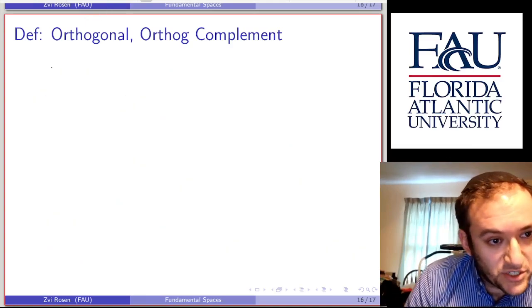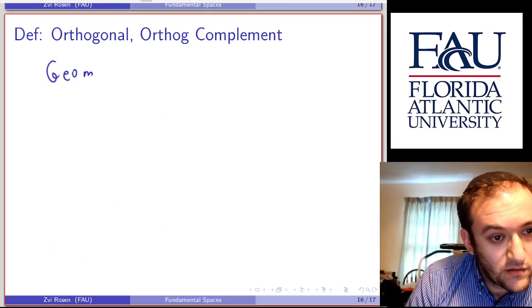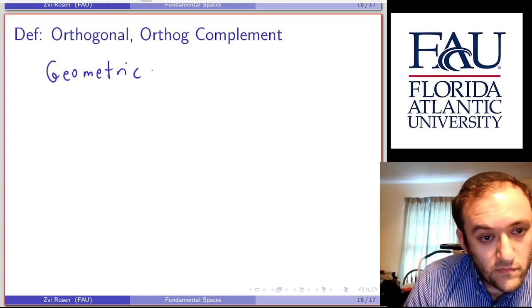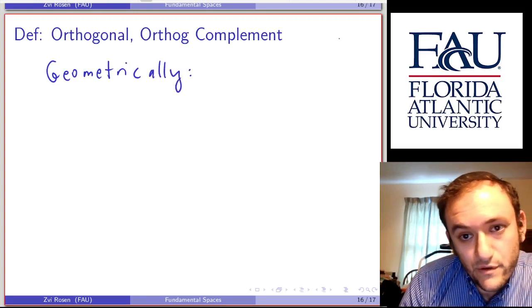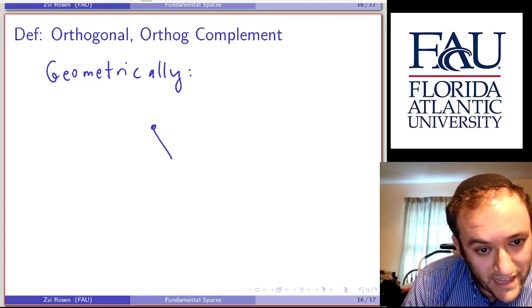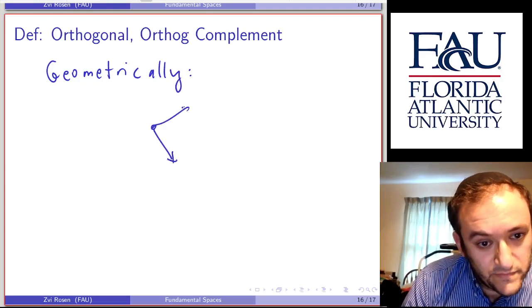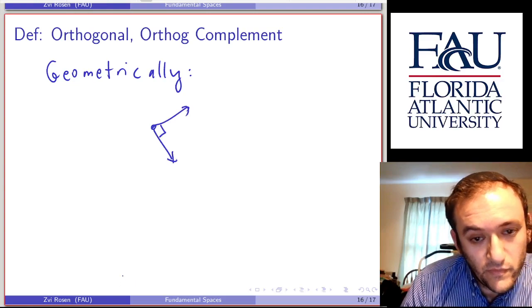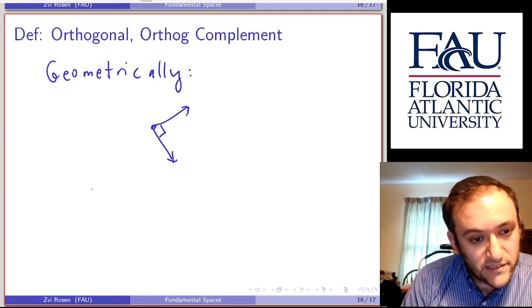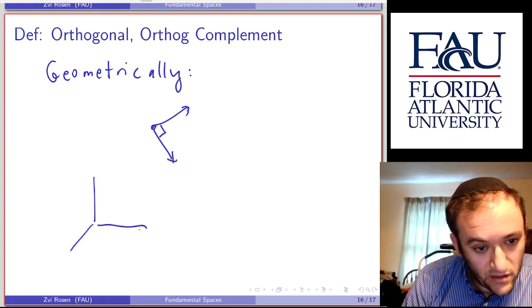So the geometric picture: orthogonal means more or less that they meet at a right angle. As for orthogonal complement, let's say we're living in R3.